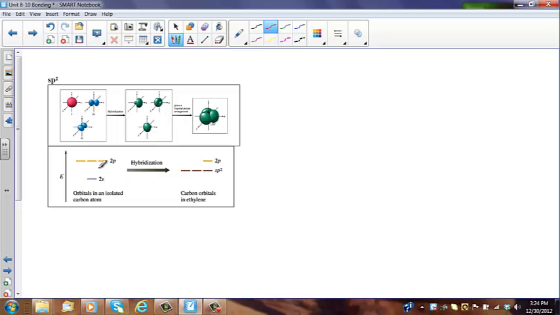So the 2s and the px and the py hybridized, okay? And you see the 2p still left here. This would be an example for ethylene. Ethylene is ethene, so it looks like this. And these are your H's. So that's what that would look like.